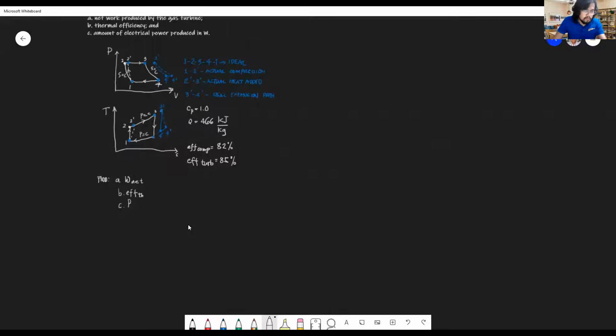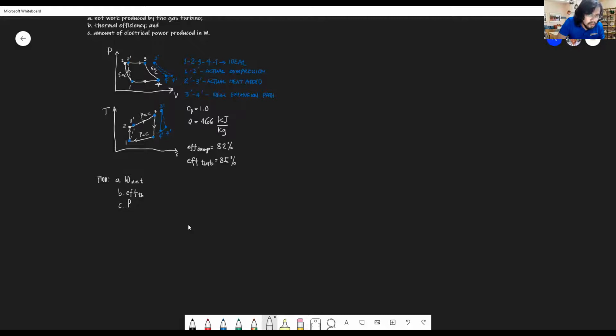What do we do now? We're going to go through the steps of the process or the operation. So we have to make use of a thermodynamic chart.